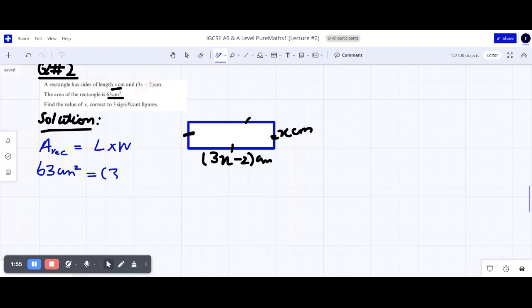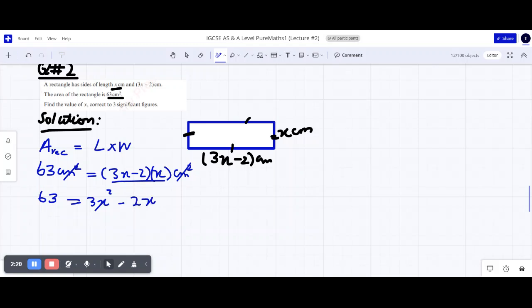It would be here the 3x minus 2 into x, and centimeter and centimeter would be centimeter square. This will cancel with this value. So we have 63 equals to, we will expand the bracket, means multiply. So 3x with x becomes 3x square minus 2x.